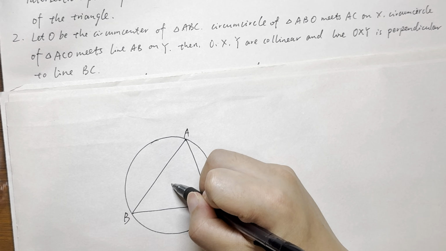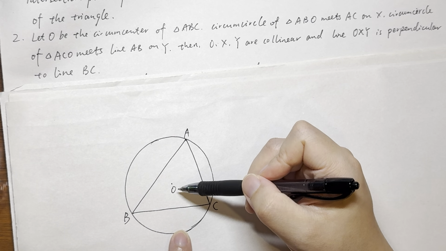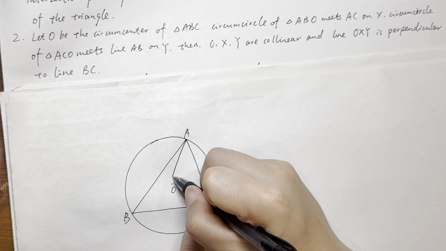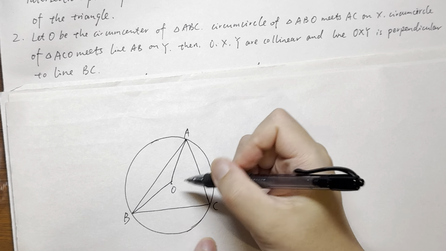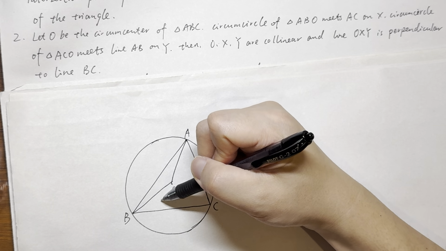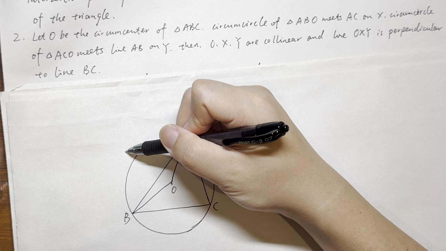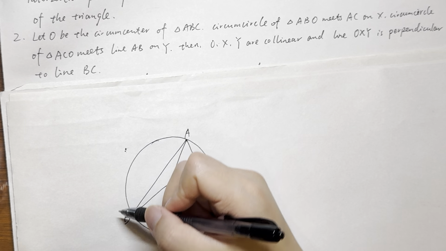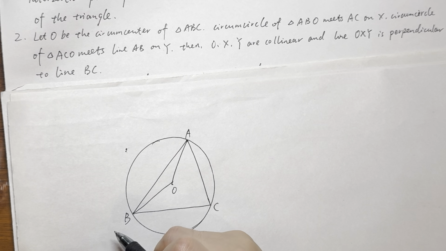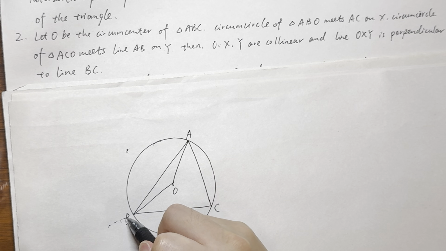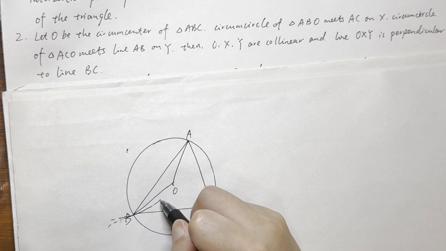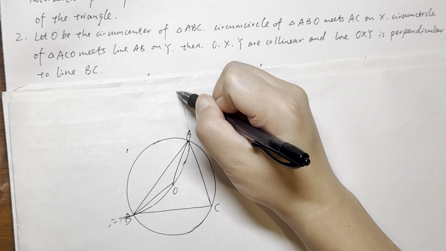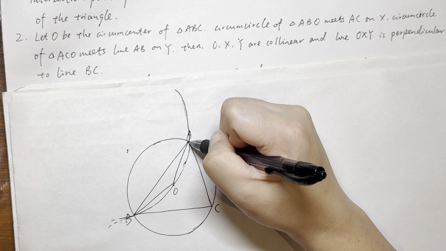And we have the circumcenter here. This is O, and we want to find the circumcircle of triangle ABO. Roughly say the center is here, so we have a circle that looks like this, right?